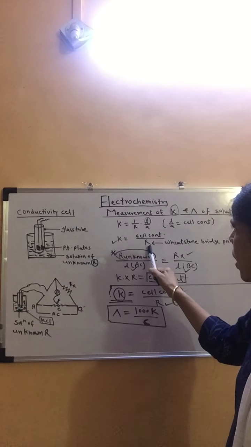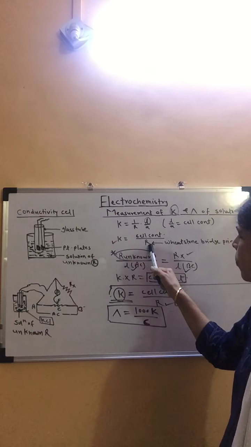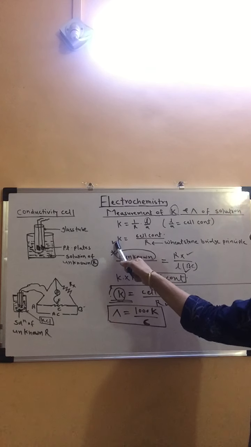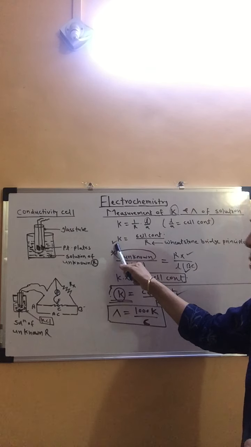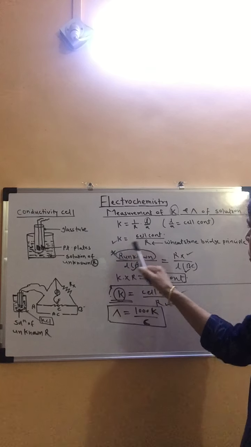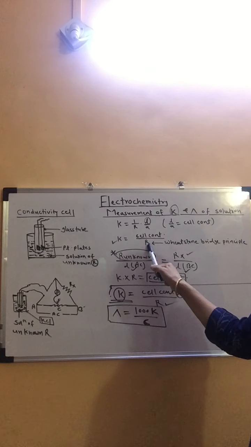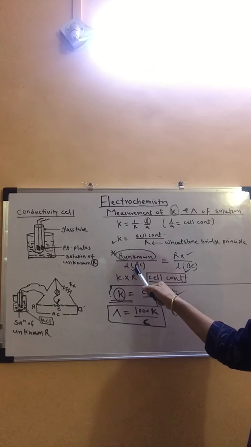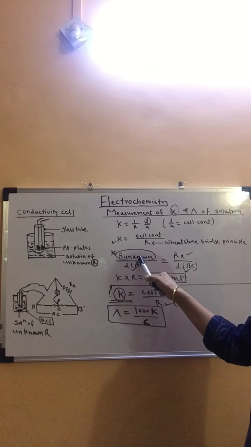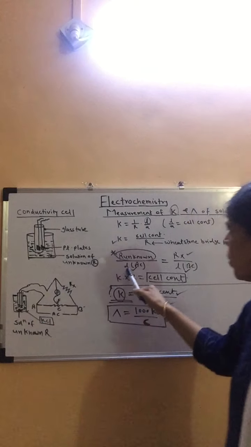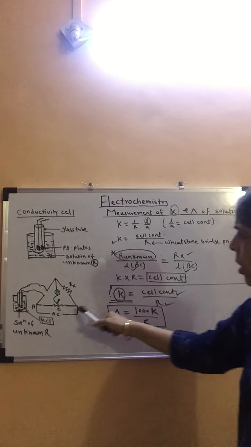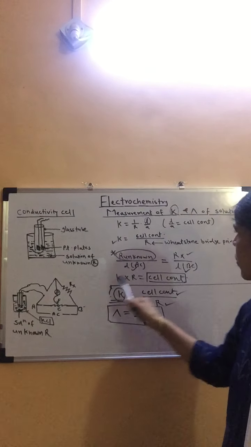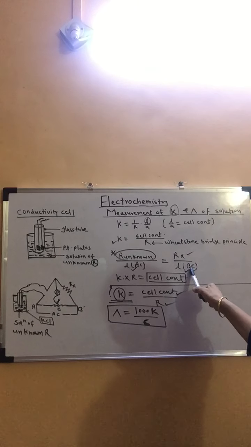So K is equal to cell constant upon R. K is fixed for a particular concentration of KCl, so the K value is known. R can be determined with the help of the Wheatstone bridge: R unknown for the KCl solution upon LAC, the null point, is equal to Rx upon LBC.